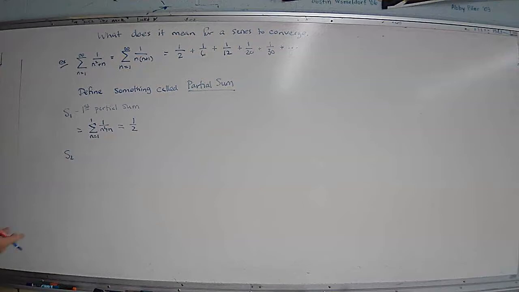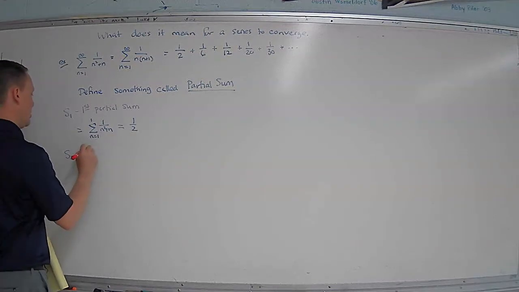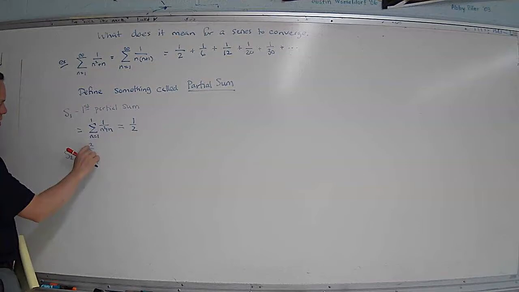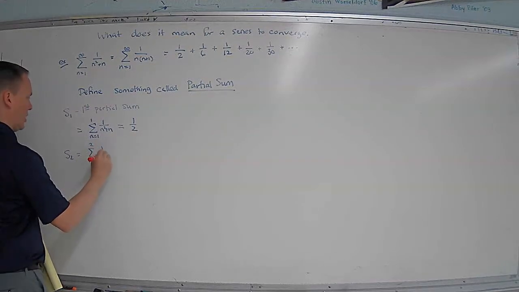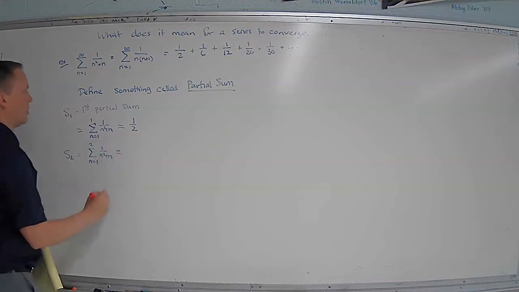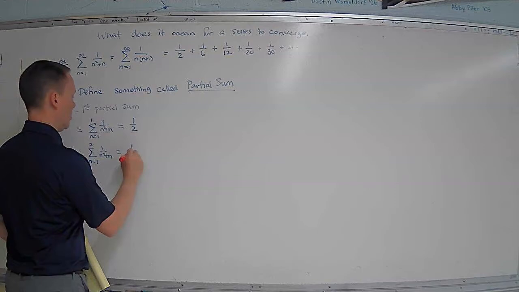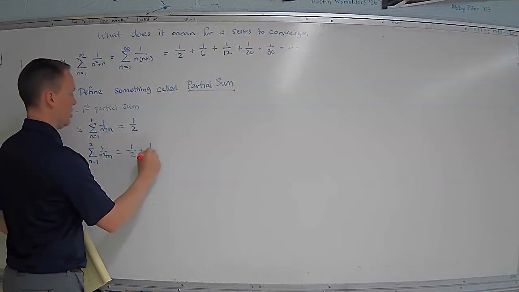The second partial sum, which I'm going to call S2, is summing from n equals 1 up to 2 of 1 over n squared plus n. Well, that's going to be 1/2 plus 1/6.